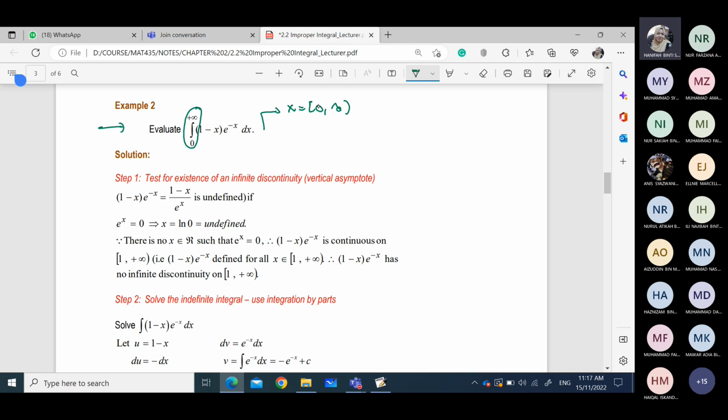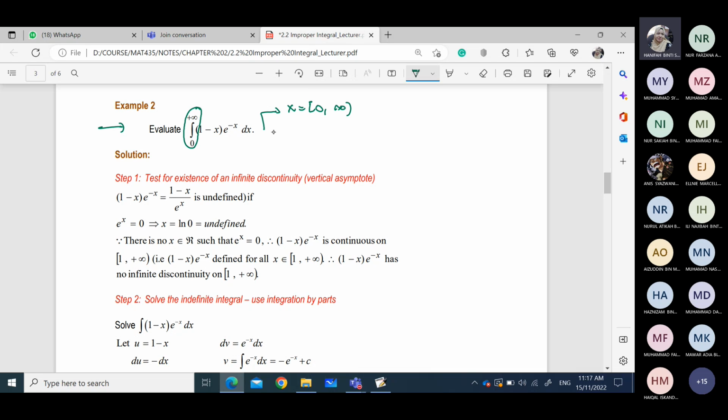For 0, I guna close bracket ni, maksudnya nilai x adalah kosong. Untuk infinity, we do not know the value of the upper limit, so kita letakkan open bracket. So this is the notation for interval.